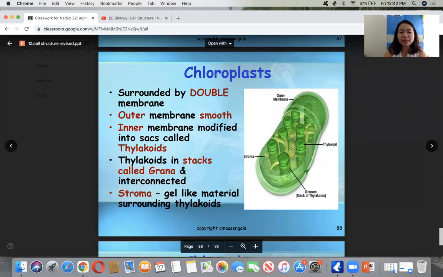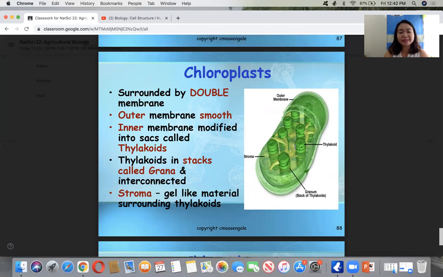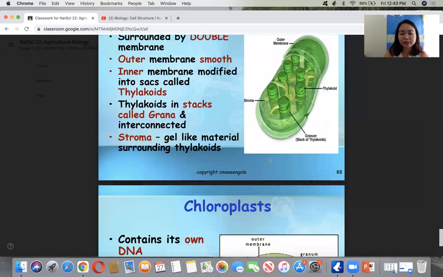They are surrounded by a double membrane. The outer membrane is smooth and the inner membrane is modified into sacs known as thylakoids. The thylakoid stacks are called grana or granum, and they are interconnected, and there is stroma here, which is gel-like material surrounding the thylakoids.